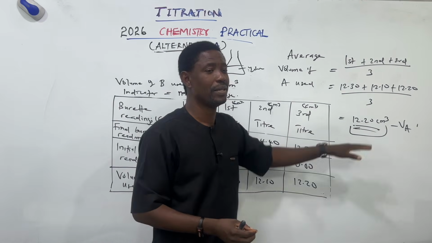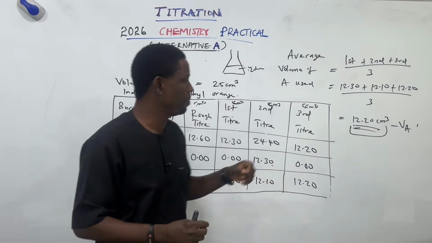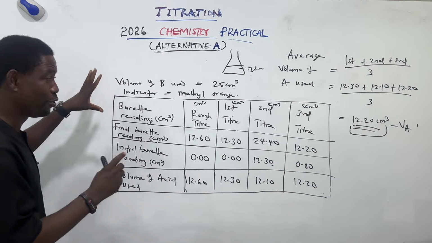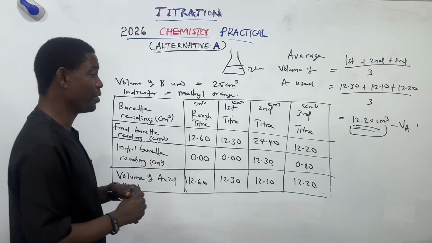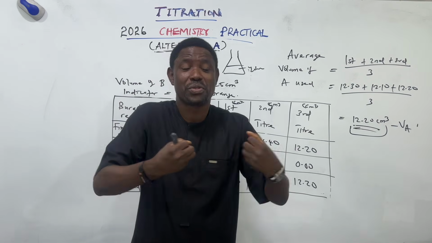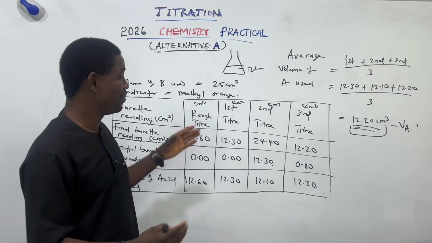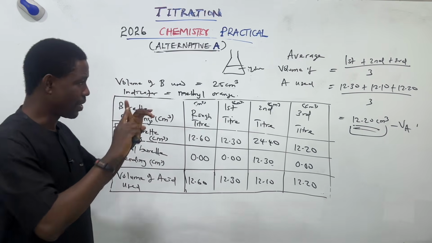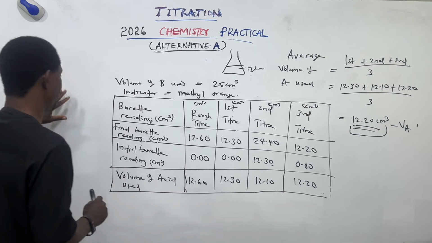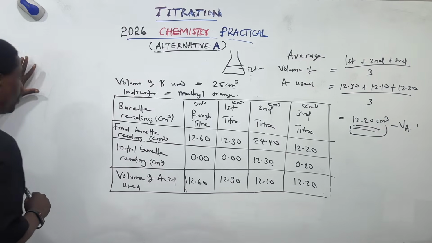But it should not be far from what the titer value should be, because in your calculation, if you have to subtract one value from another and your titer value is too far away, you can have a serious negative, and that would eat up your scores.